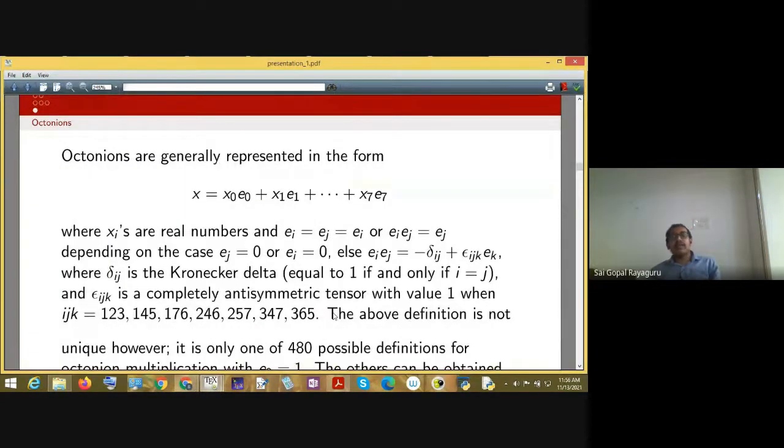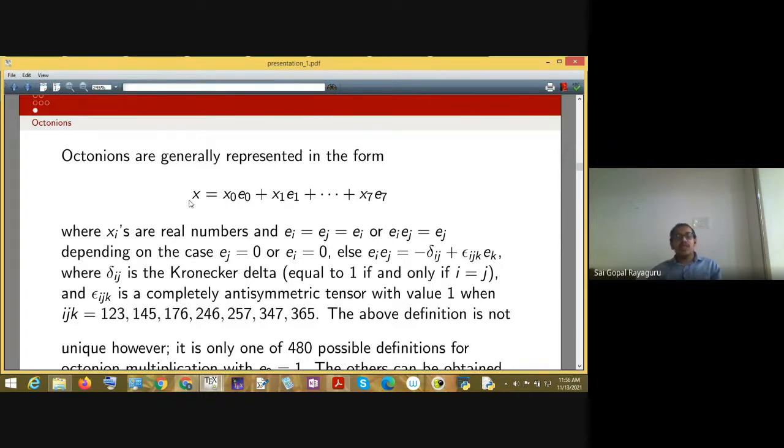As I told, octonions are again a two-dimensional extension over the quaternions. In octonions we have x equal to x naught e naught. Instead of e naught I wrote 1, because I wrote a plus bi plus cj plus dk, and all i, j and k are fourth roots of unity.